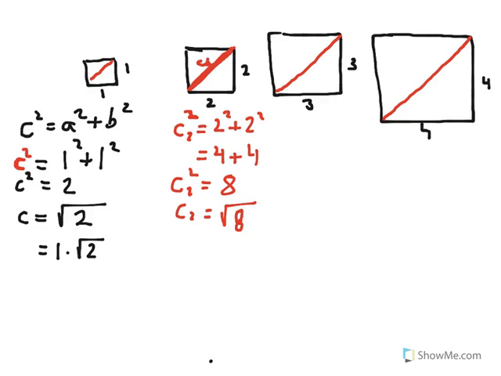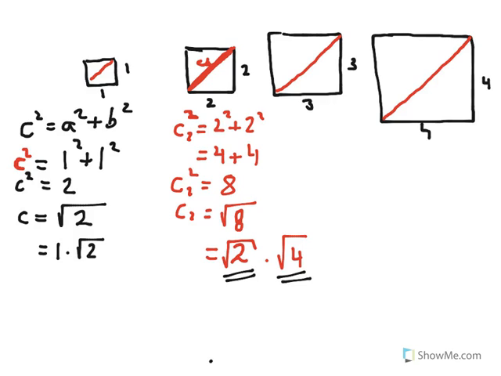That's the length. We can rewrite the square root of 8 as the square root of 2 times the square root of 4, because, using our surd technique of multiplying square roots, 2 times 4 is 8.